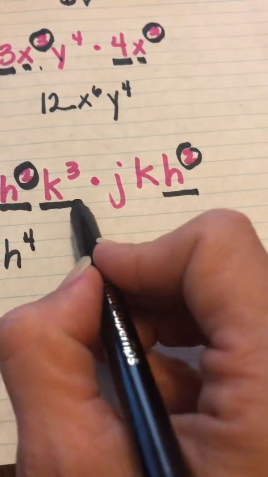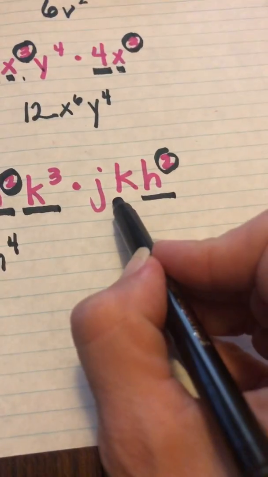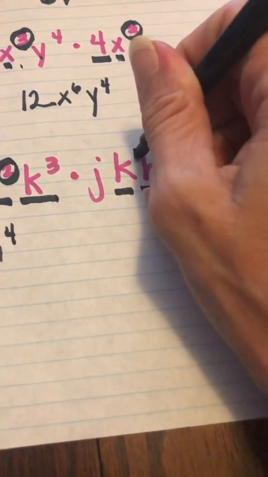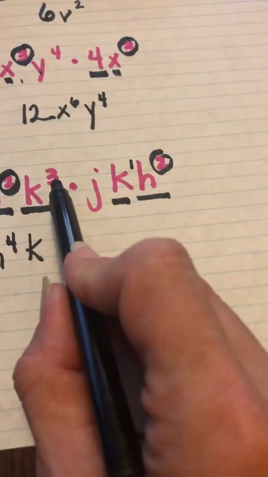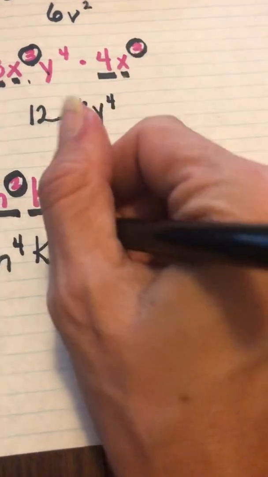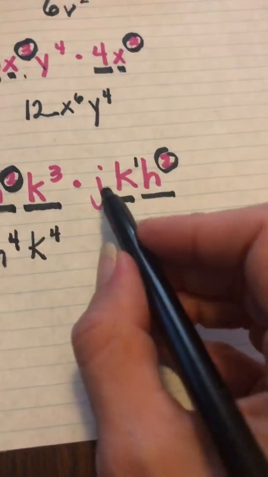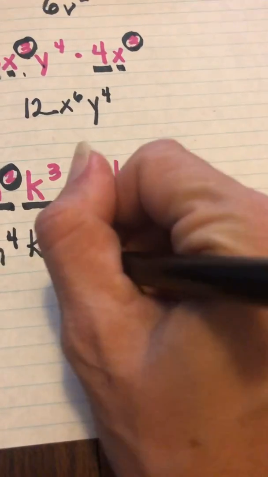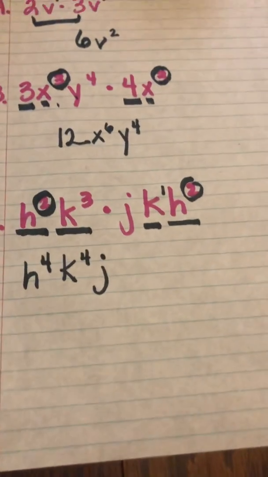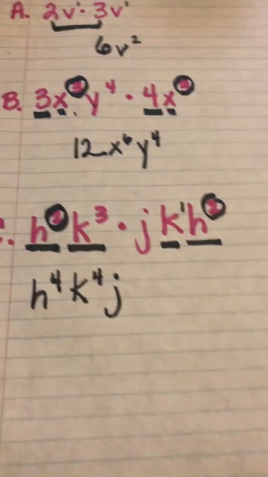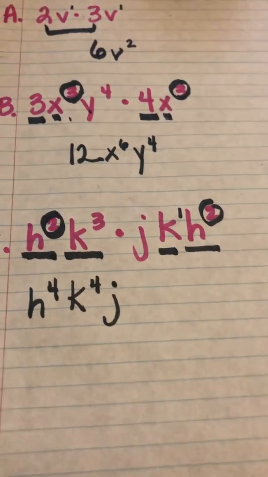Then I have k to the third power, and you have k to the first power. So we're going to have k, and 3 plus 1 is 4. And then j, he doesn't have any friends, so we just rewrite him as he is. Again, if you need some more examples, just let me know and I can help you out.